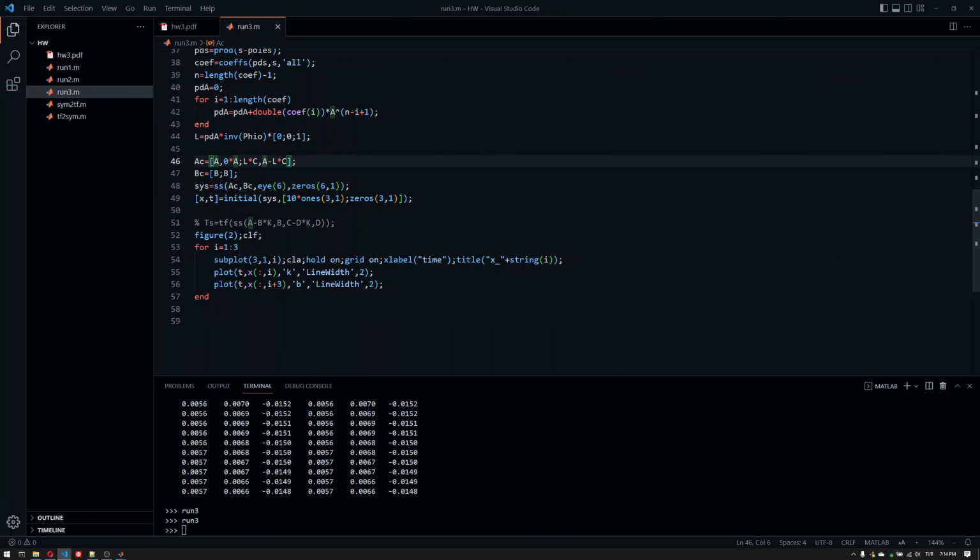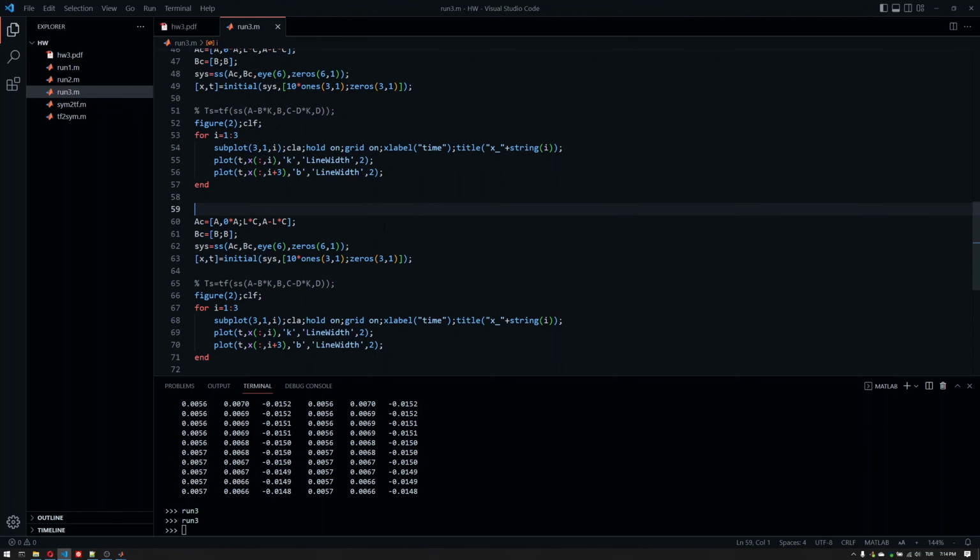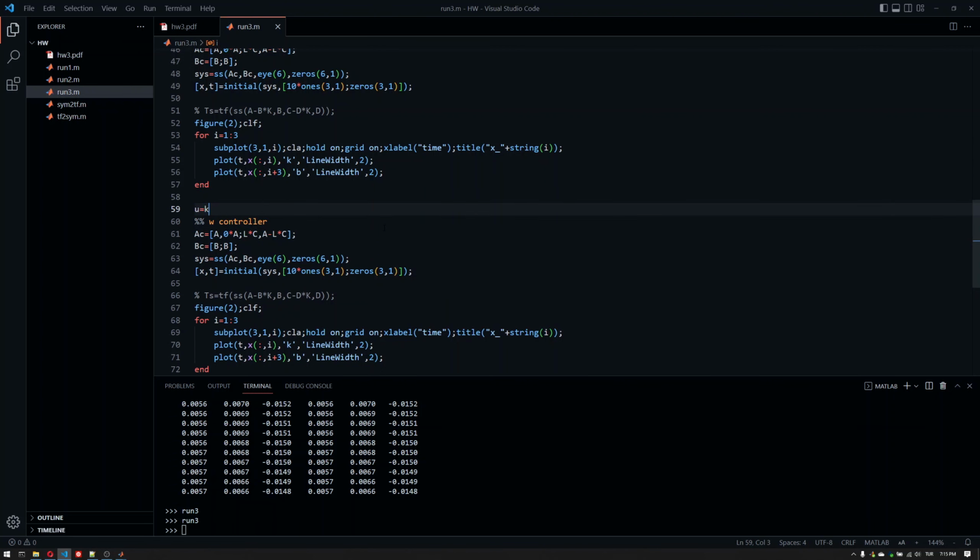So as far as I remember, I should also be able to do this for the controller case here, with controller. And since I'm going to use the state of the observer, I should write down u equals k times x underscore instead of k. So if we have bu, this will be b times k x underscore.